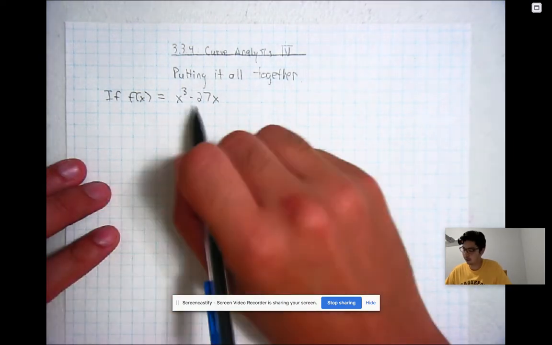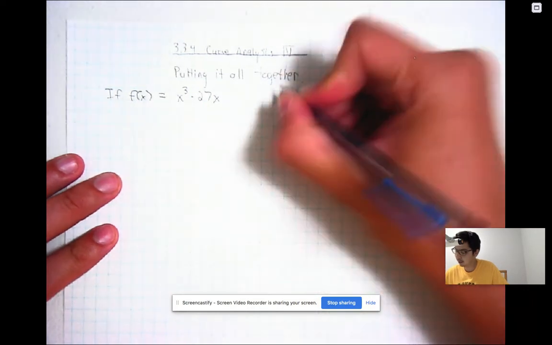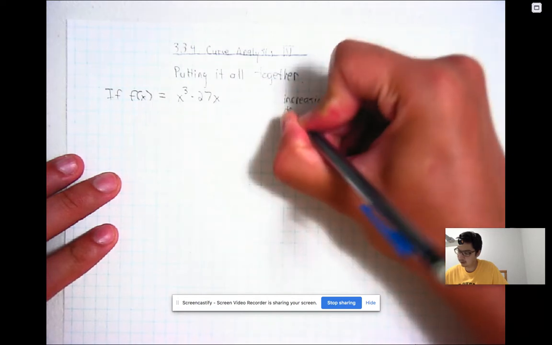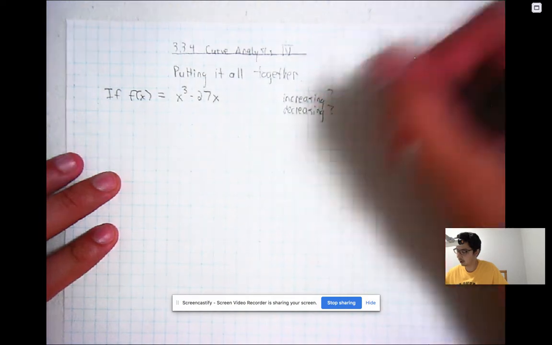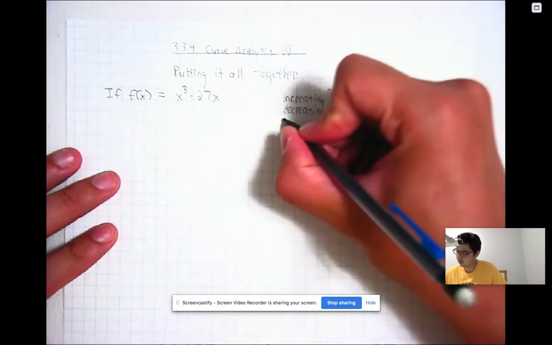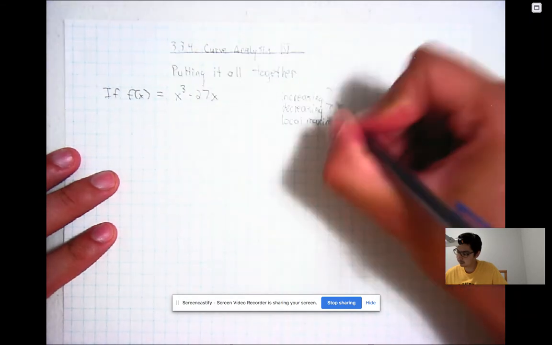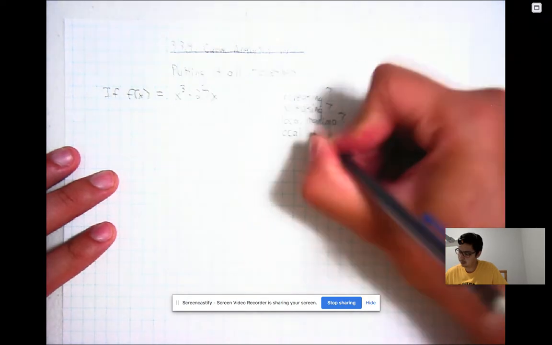Given f(x) = x^3 - 27x, we want to find when it is increasing, when it is decreasing, and determine any local maximums and any local minimums.